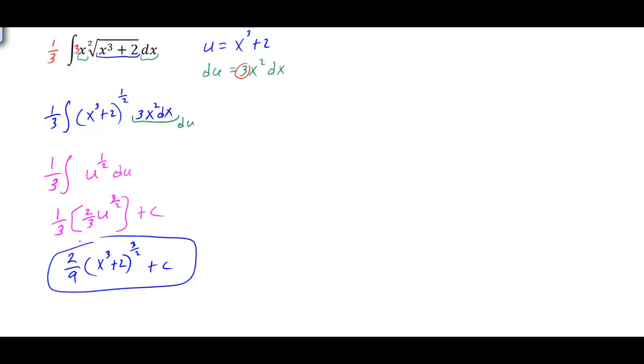Now, I want to show you, after you've practiced enough of these, a shortcut. Again, I don't want you to do this too soon so that you start making mistakes. But once you get to this point right here, for example, if you have 1/2 the integral of x cubed plus 2 to the 1/2, whoops, not 1/3, 1/2.